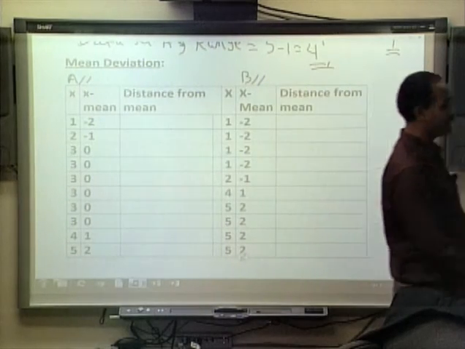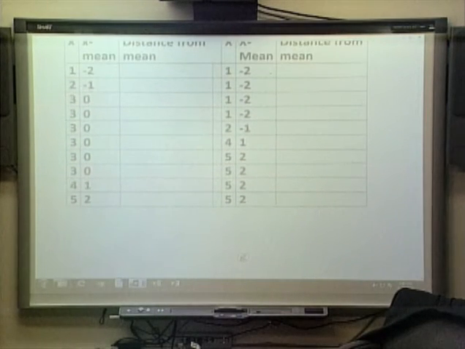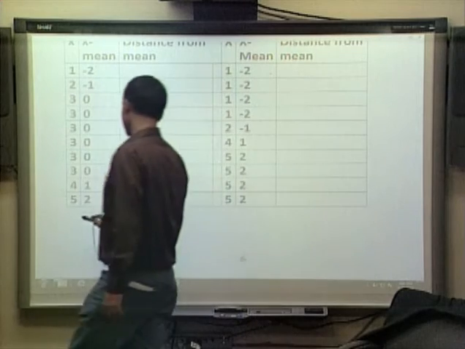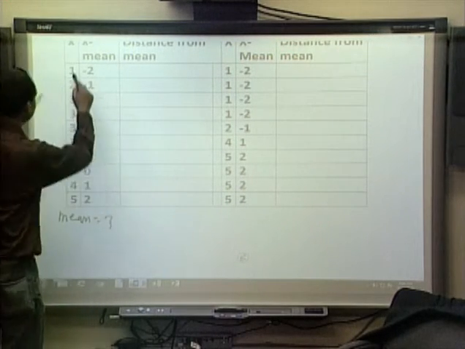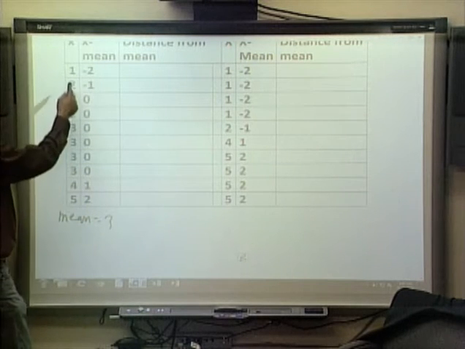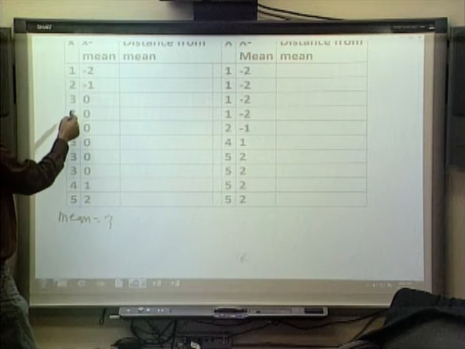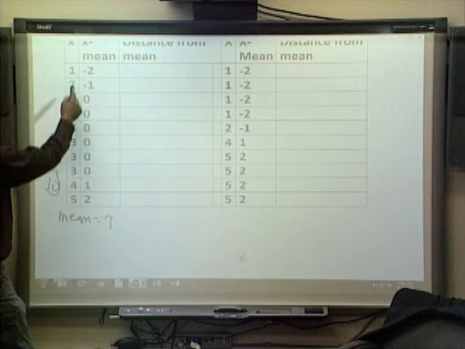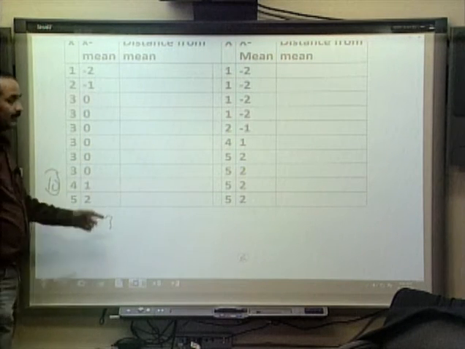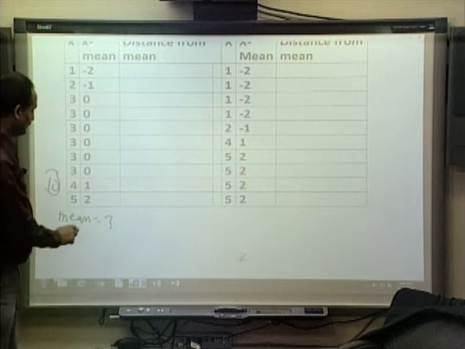The mean of this data set is 3. The mean is simply adding them up and dividing by how many of them there are: 10. If you add these numbers and divide by 10, we get 3. So 3 is the mean.